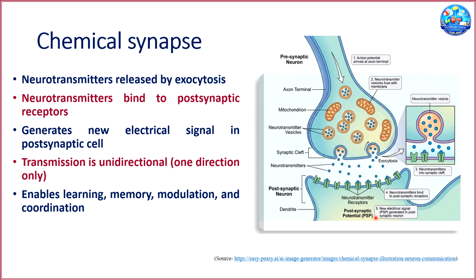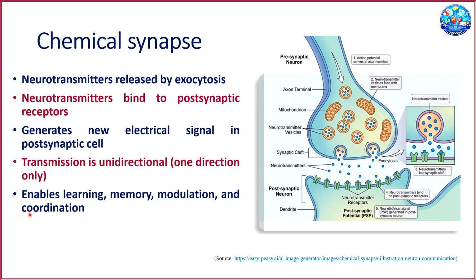Although transmission is slow as compared to the electrical synapses due to the involvement of these chemical messengers or the neurotransmitters, chemical synapse provides sufficient advantages, such as signal amplification, modulation, integration, and so on. They can either excite or inhibit the postsynaptic cell, which allows for complex processing of information.